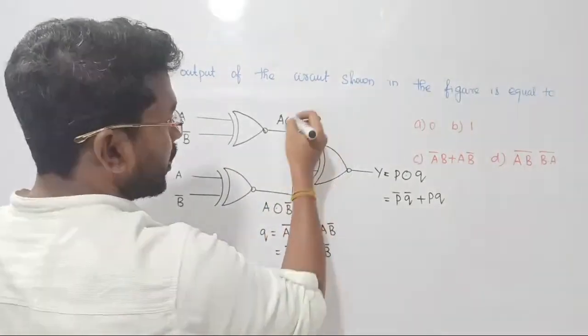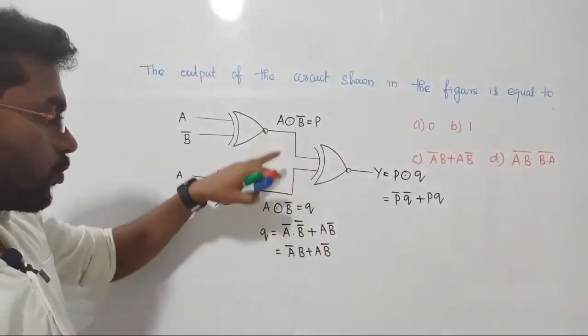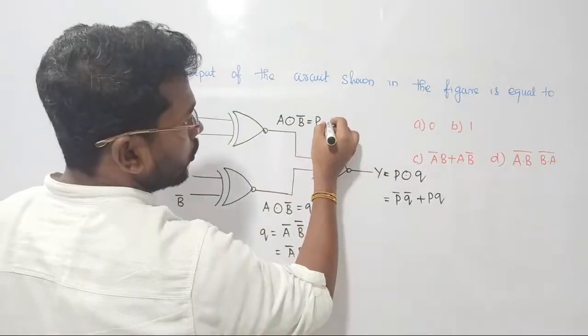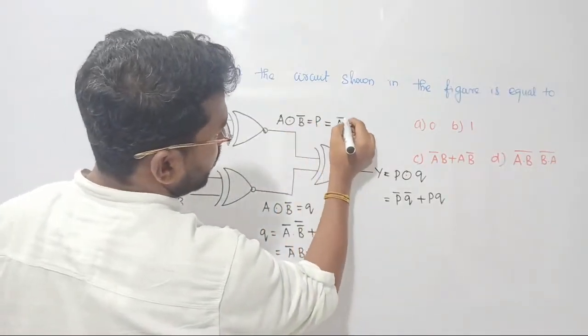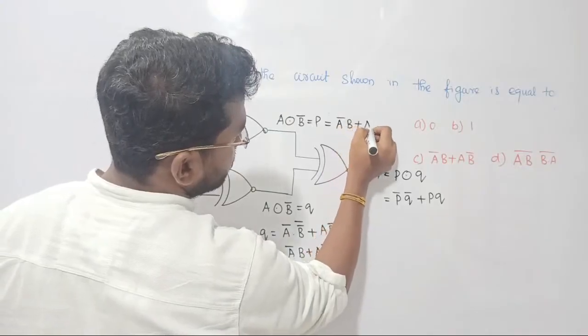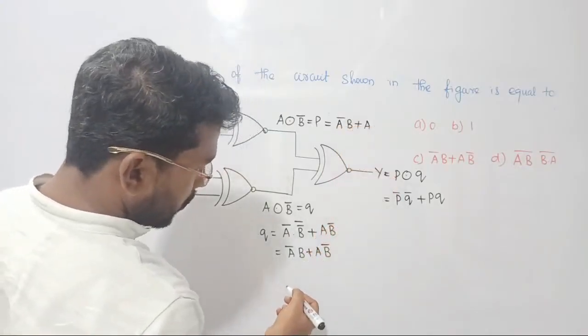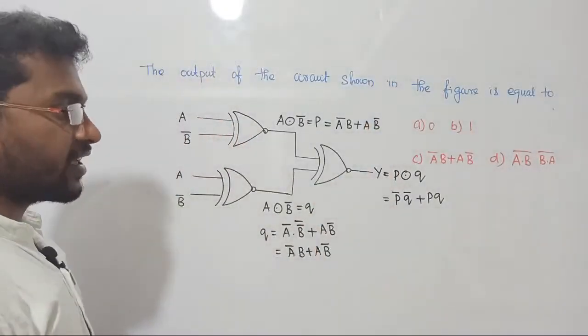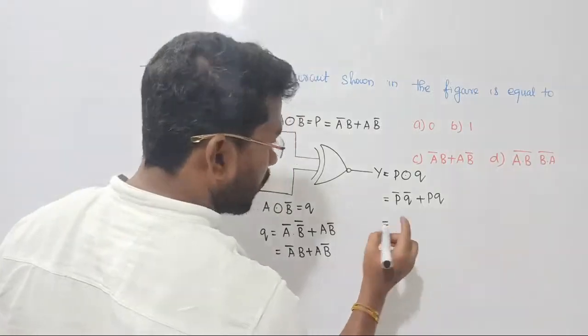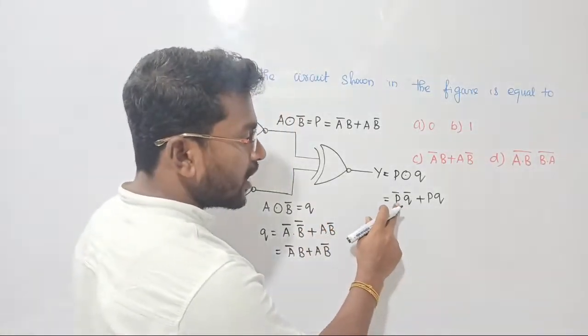Same thing you can observe here also, because both are the same only, so P is also equal to A bar B plus A B bar. Yes, both will give you the same output, right? Such that first of all, one thing I can write like this: P and Q are equal.